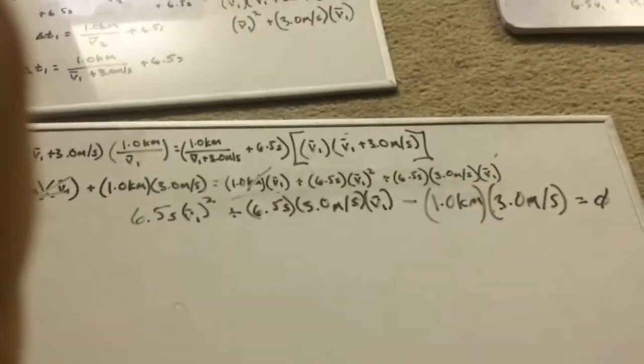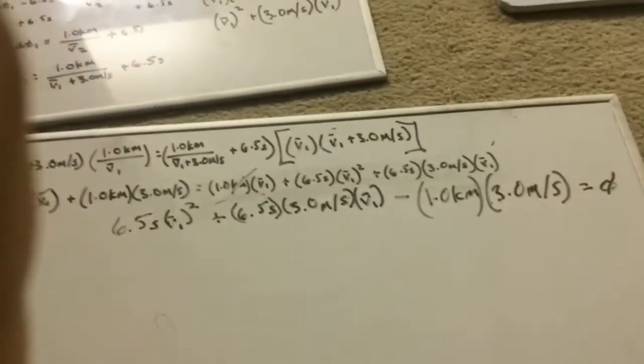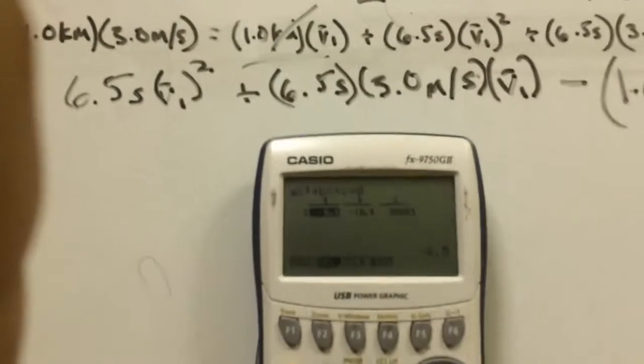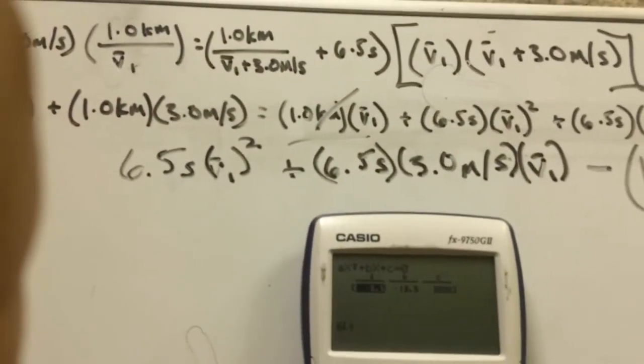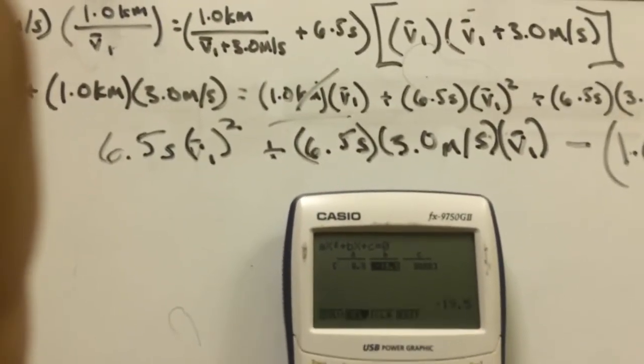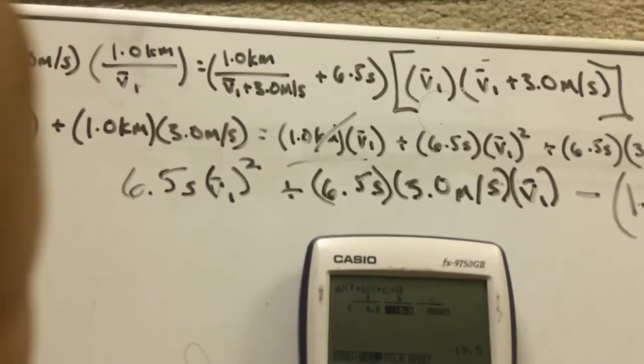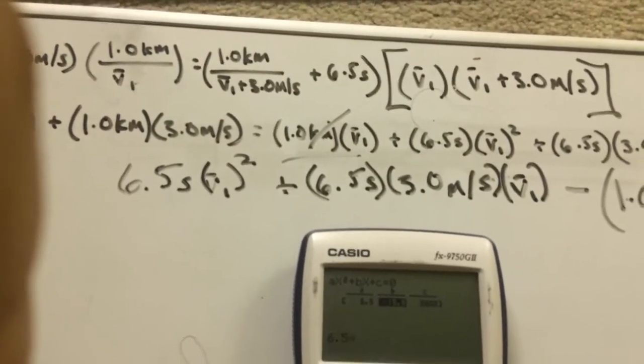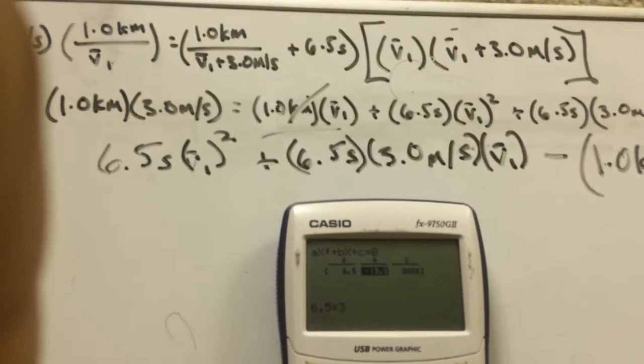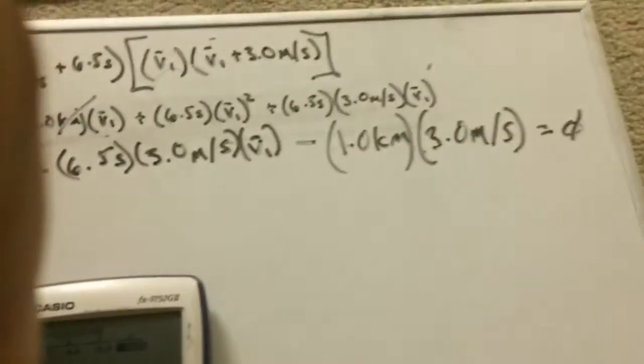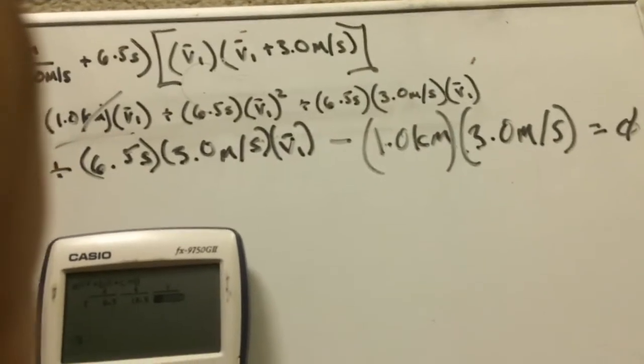Punching this into a calculator, we have 6.5 for A. We have 6.5 times 3 for B. And we have negative 3,000.